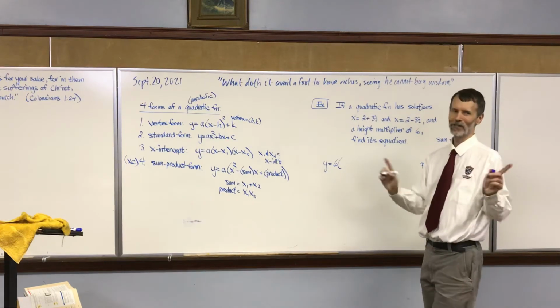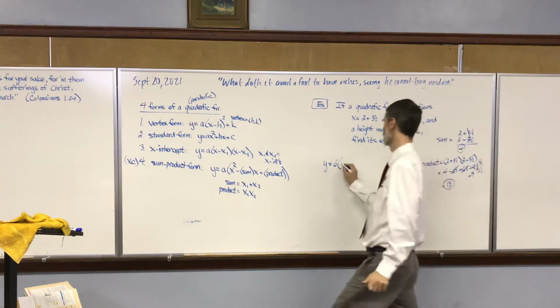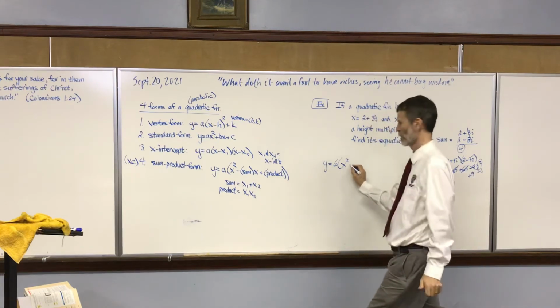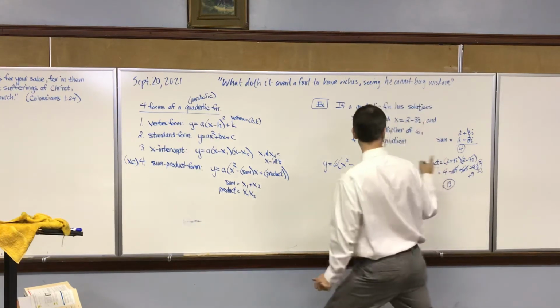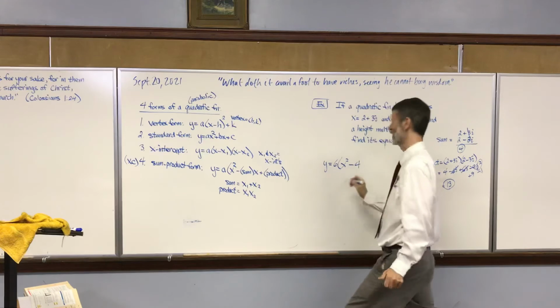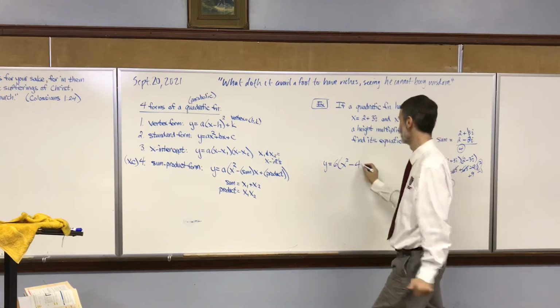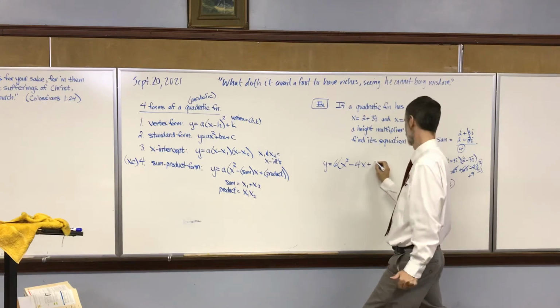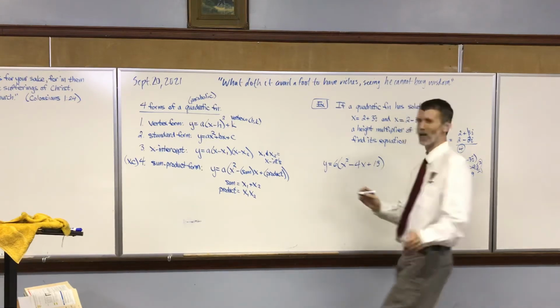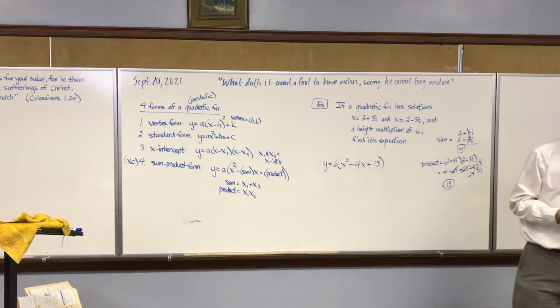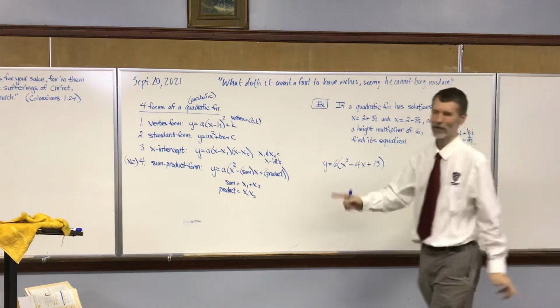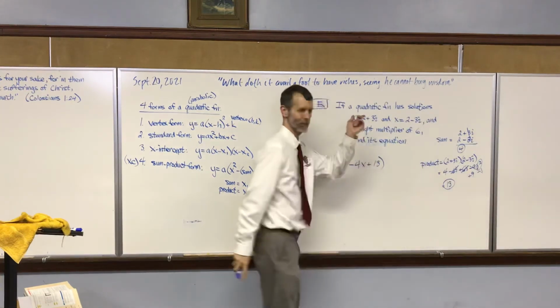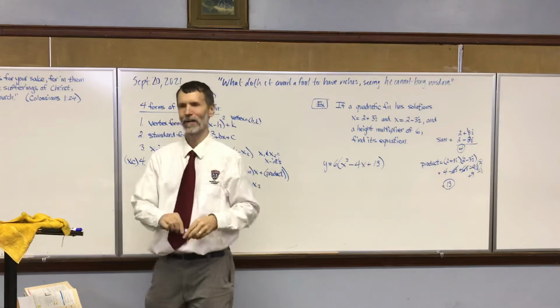There's no value of x, so just leave it. X squared minus, and parentheses is optional at this point, 4x plus, we're done. I guarantee you, if you solve that with the quadratic formula, you get x equals 2 plus 3i, x equals 2 minus 3i.